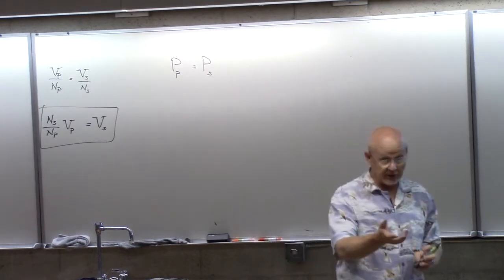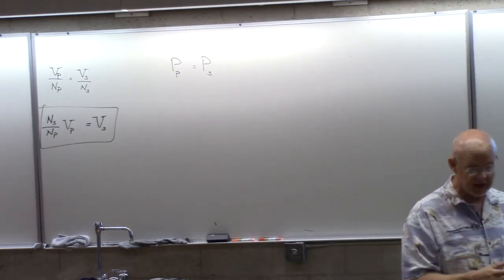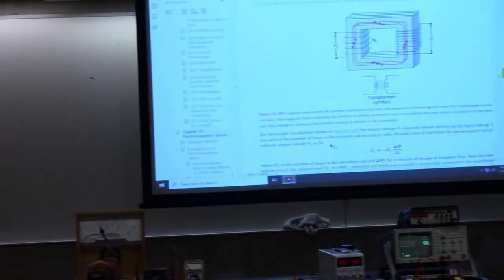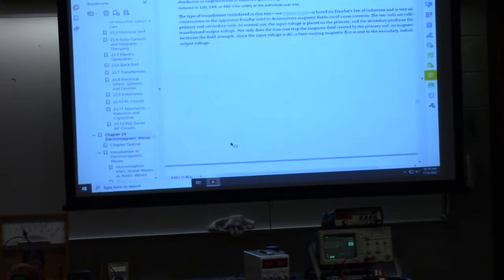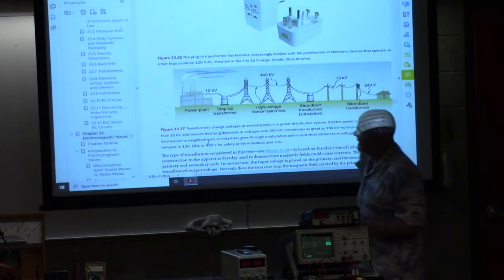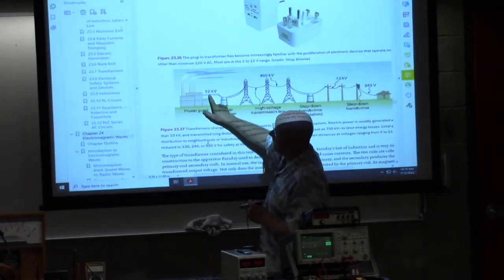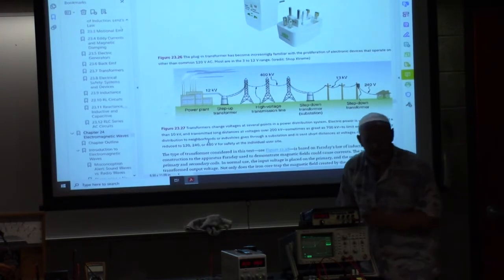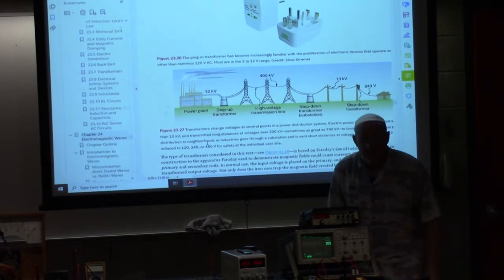In a perfect world, it's even a little bit less, because there's always some loss. And so if we go back to our city electricity delivery system, we might say, hey, we generated it at 12,000 volts, but then we stepped it up to 400,000 volts. So we got more voltage.